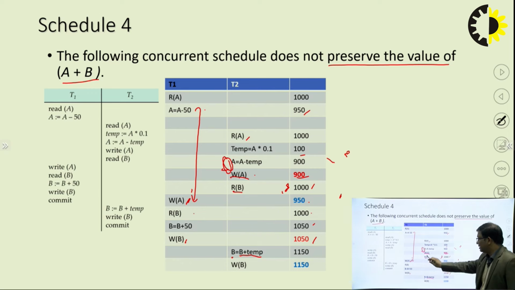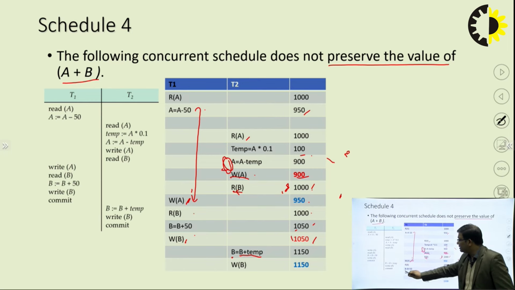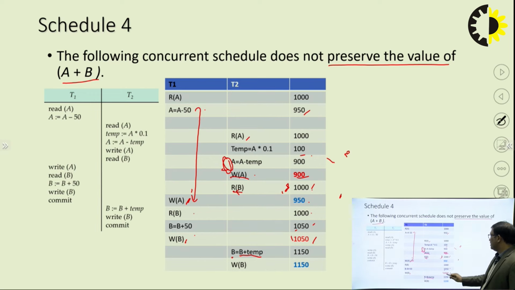So it read B as 1000, but it writes B as 1050 plus 100, because B has already been written and its value has changed. So it considers this changed value of B plus the value of temp. It means 1050 plus 100, that is 1150.